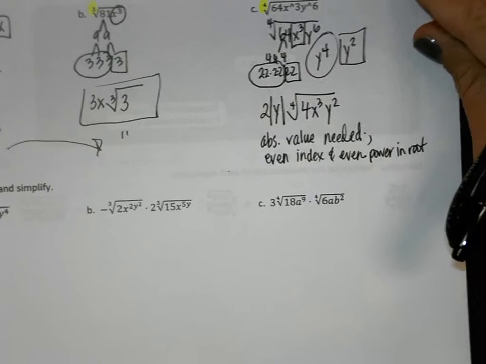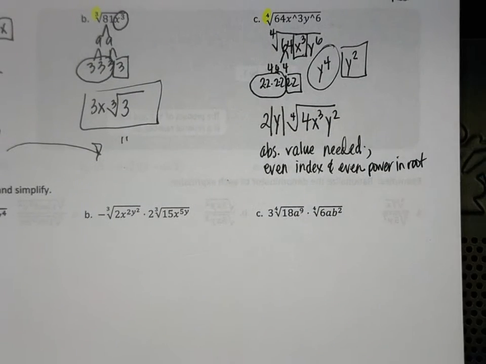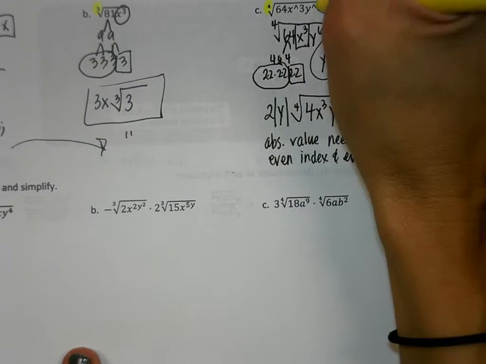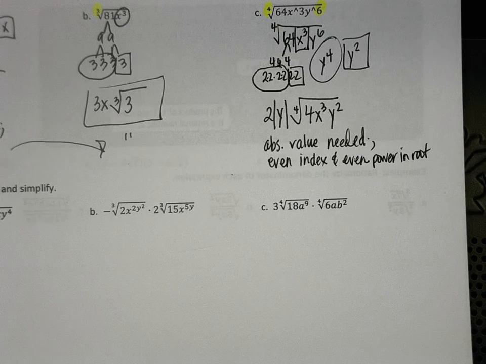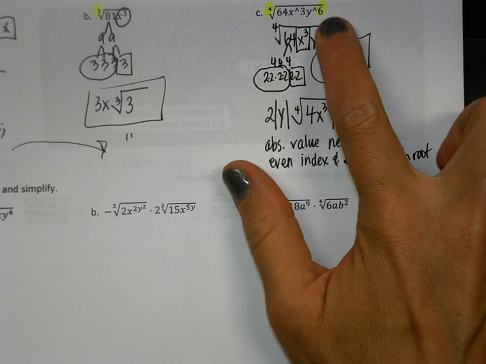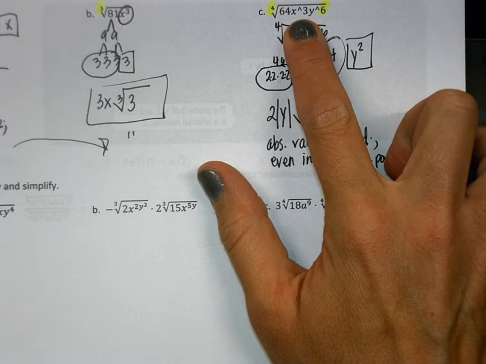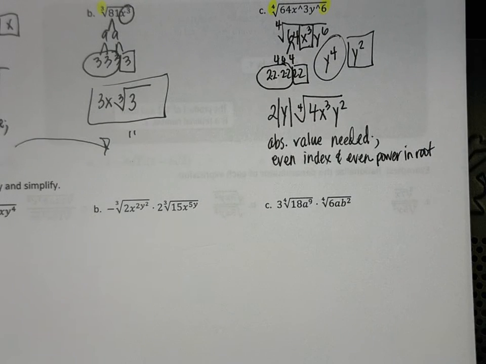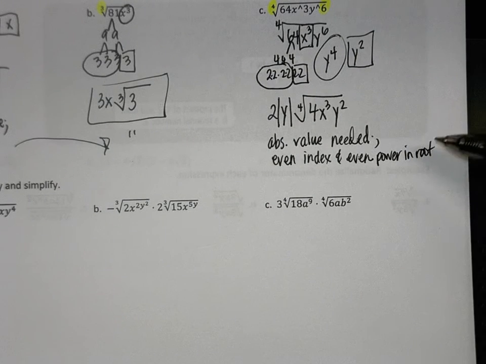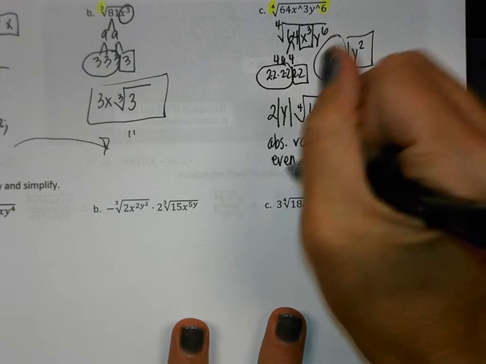Because when it starts out, it has to be an even power in here and an even power out here. Remember how they said both of them had to be even? So if this was an odd, like even the x, if it starts out as odd, you don't end up needing absolute values. So even index and even power in root, and then odd power when it came out.